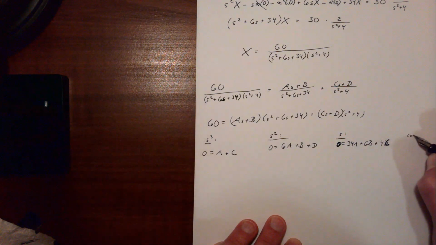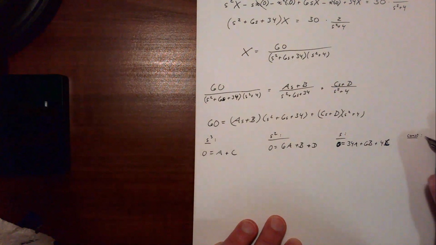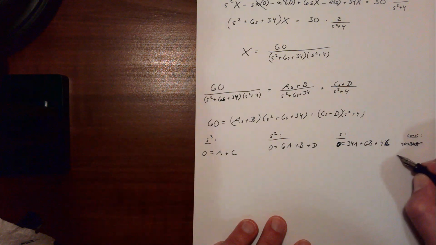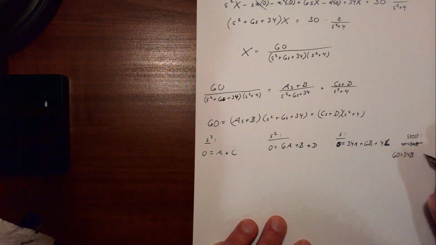And then for the constant, so 60 equals 34B plus 4D.